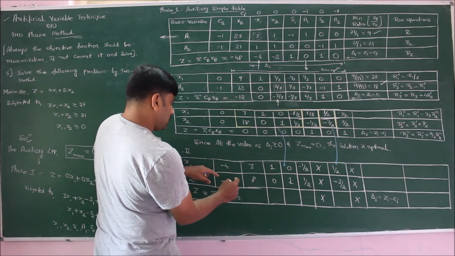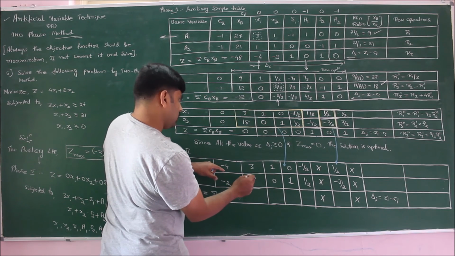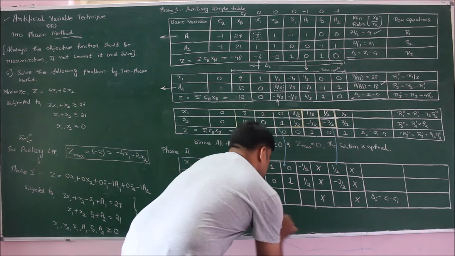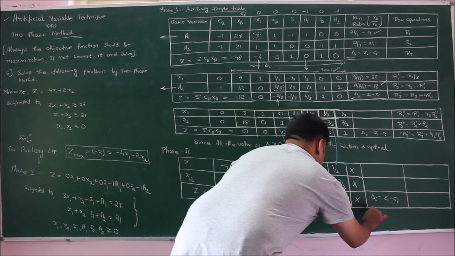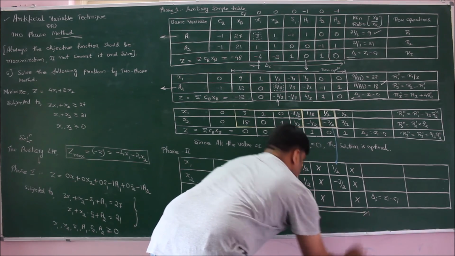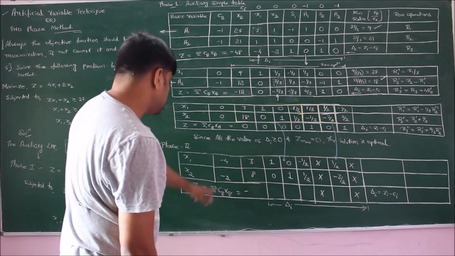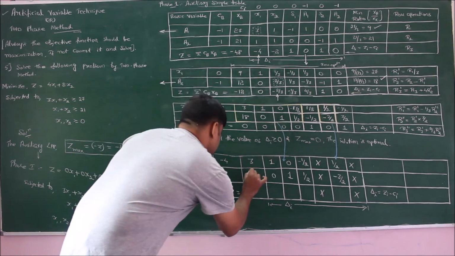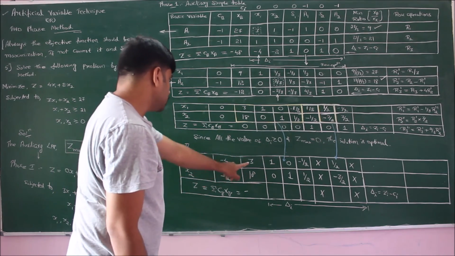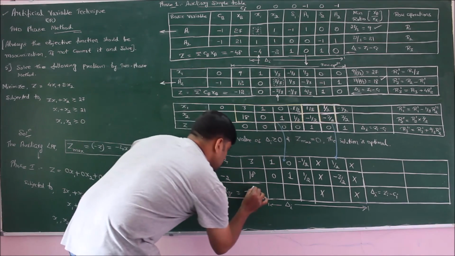Therefore, if I calculate Zi minus Ci from x1 to the end, that is calculating the value of delta I, minus 4 into 3 plus minus 2 into 18. Minus 2 into 18 gives us minus 36, 4 3s are 12, 12 plus 36 is minus 48.